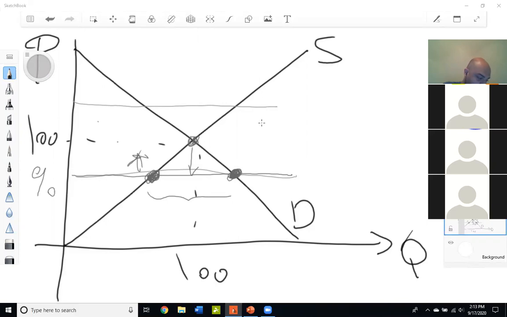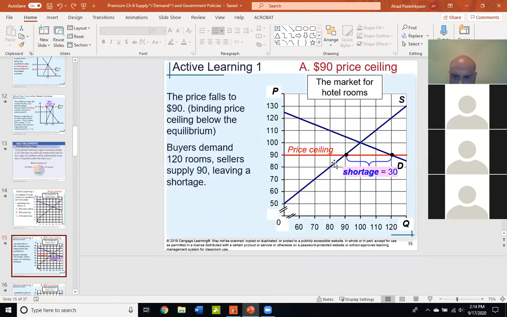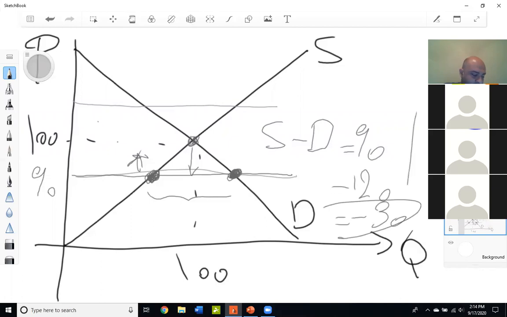If we deduct our demand from our supply, we can see that supply is equal to 90, while demand is 120. 90 minus 120 is equal to minus 30. So we have a negative surplus, or a shortage, of 30. This is our first case.